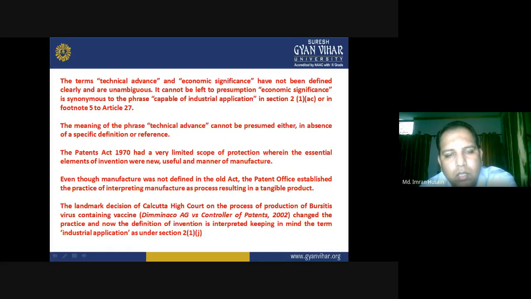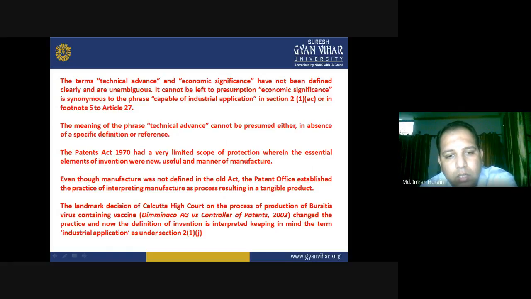The Patents Act 1970 had a very limited scope for protection, wherein the essential elements of invention were new, useful, and manner of manufacture. Even though manufacture was not defined in the old Act, the Patent Office established the practice of interpreting manufacture as a process resulting in a tangible product.